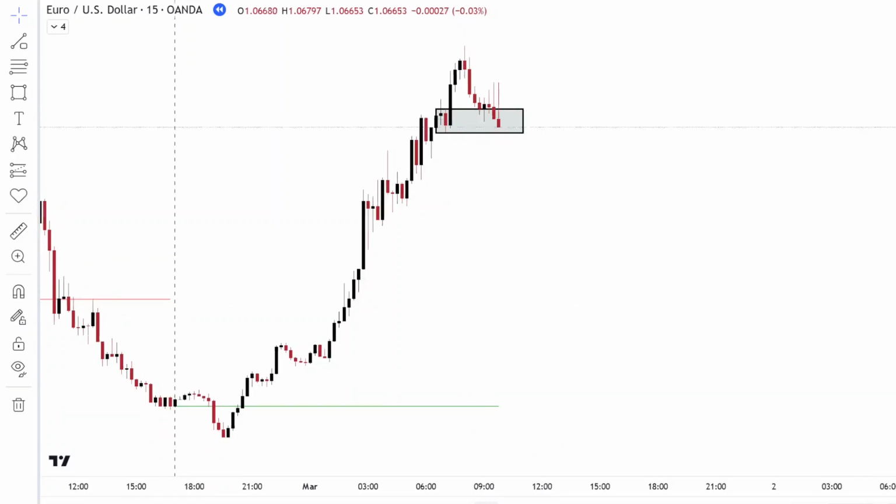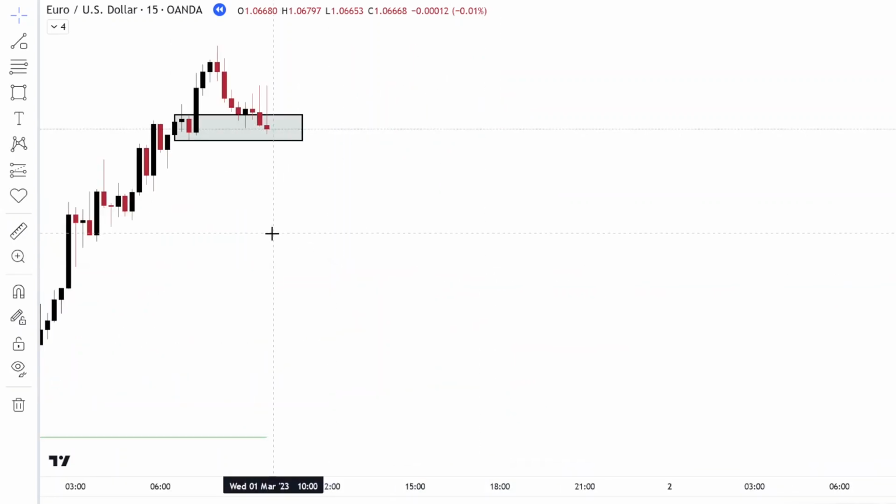9:30, 9:45. As you can see, price is trying to go up, but you can tell that this is a failed institutional candle. So one scenario you could do here is go short.